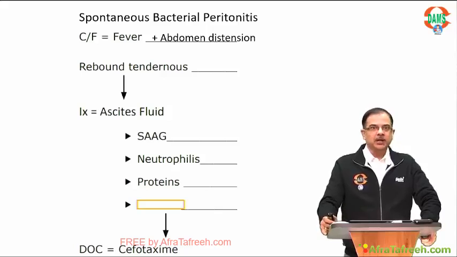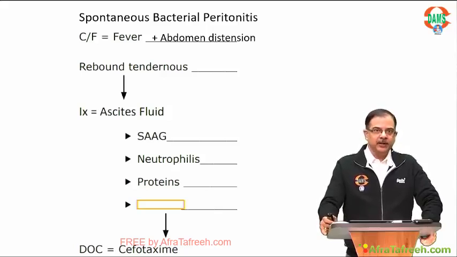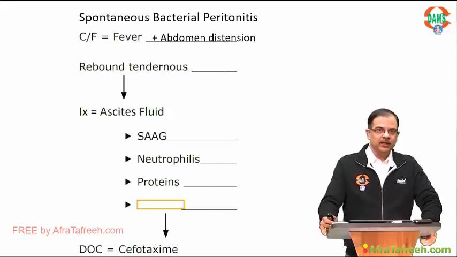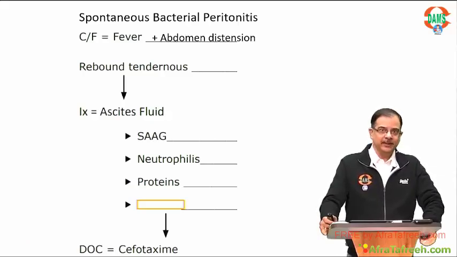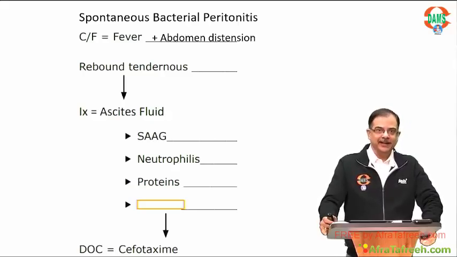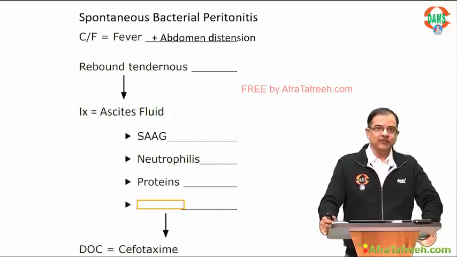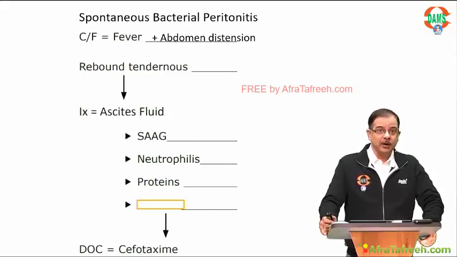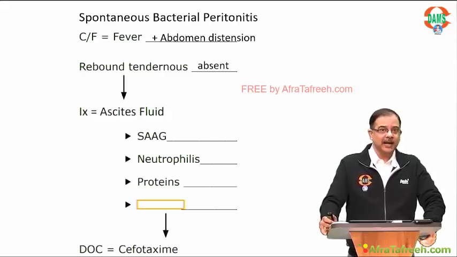Now, this spontaneous bacterial peritonitis develops on the background of cirrhosis. And in cirrhosis, proteins are very low in the peritoneum, antibodies are very low in the peritoneum. So inflammation in the peritoneum is low. So the classical sign of peritonitis, which is rebound tenderness, is absent.